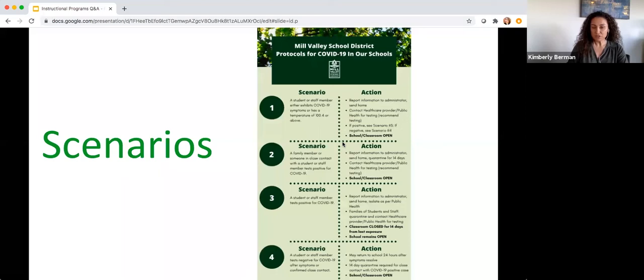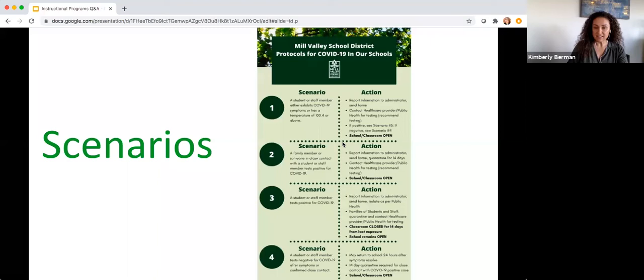Scenario 2 is something that we've had a couple times in our district as well. This has been when someone has been in close contact with someone who has tested positive. Again, in that scenario, the school and the classroom does remain open, but that person, whether it's a staff member or a student, does need to remain home and go under the care of their doctor, which would perhaps include a COVID test or quarantine for themselves based on their doctor's recommendation.